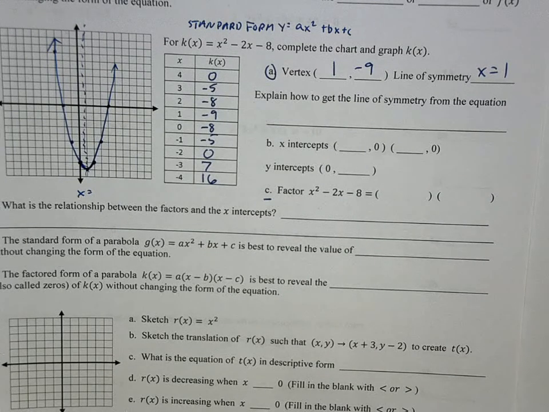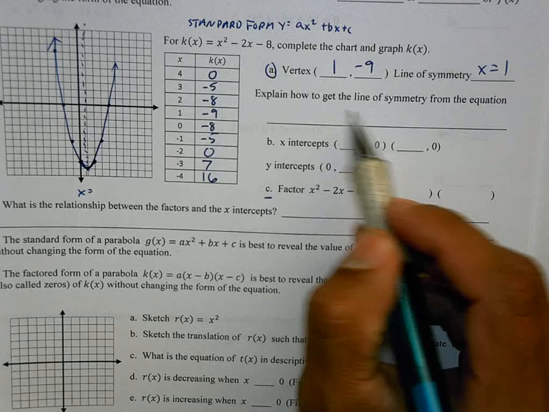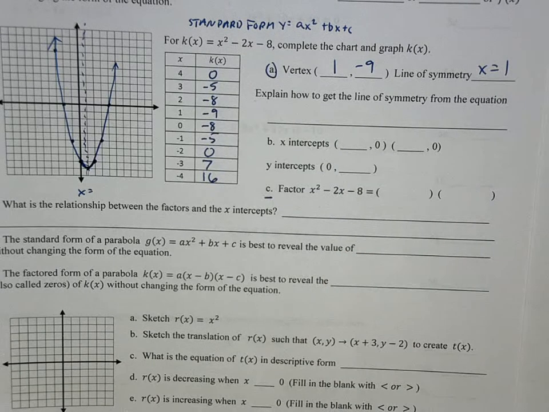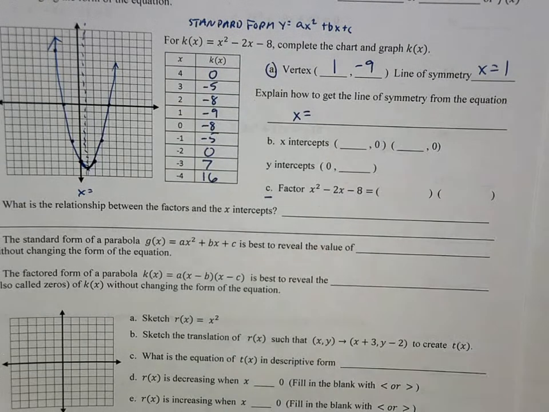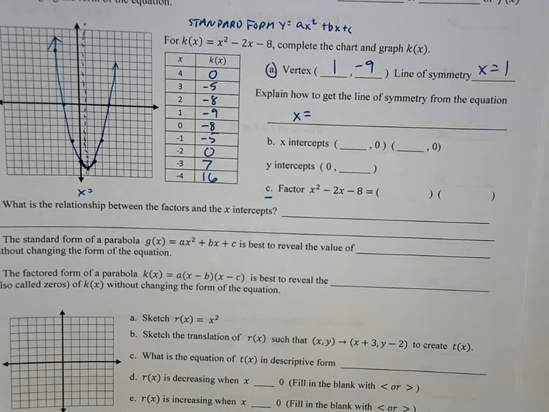Now, if I want to know how to get the line of symmetry from the equation, there is a formula for it. I am almost positive you may have forgotten by this point, so I'm just going to remind you. The formula to get the line of symmetry when it's in standard form is x is equal to, does anybody remember?